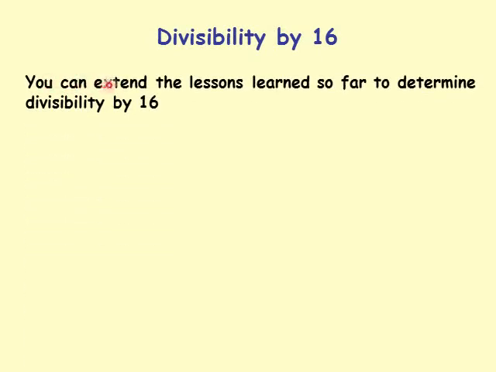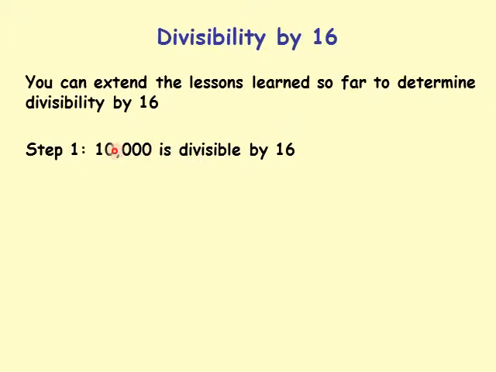We can extend the lessons learned so far to determine divisibility of a number by 16. Observations. Step 1: 10,000 is divisible by 16, and subtracting multiples of 16 does not change the divisibility. So we take out all the 10,000s we can, which is division by 10,000, and get the remainder.